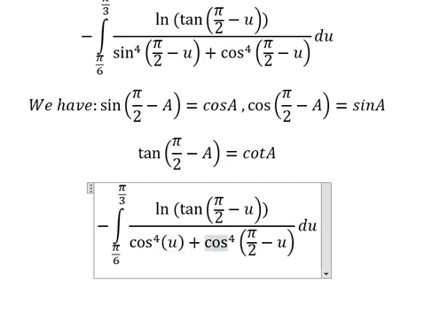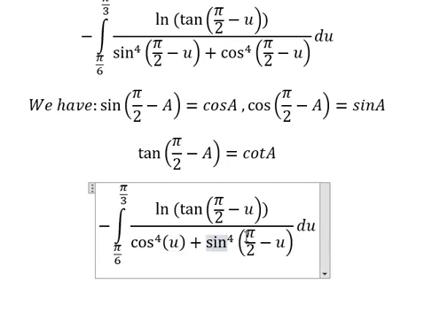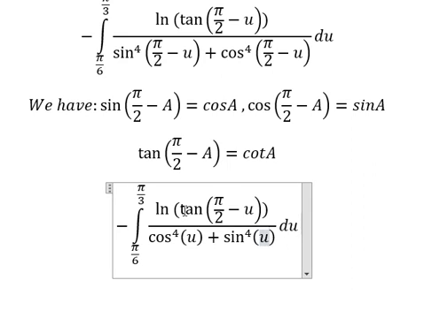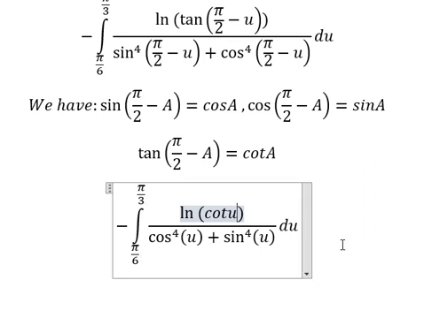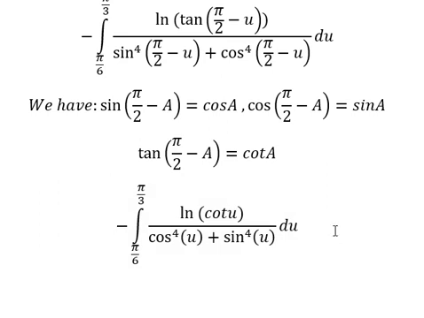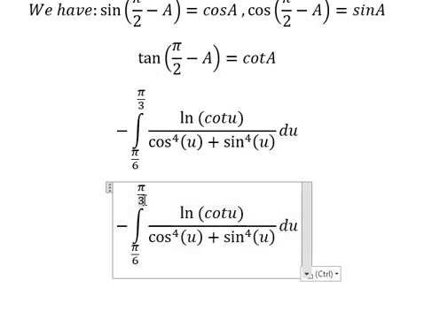This one we change for sine. This one we change for cotangent. Negative, we can swap the top and the bottom. So we have like this.